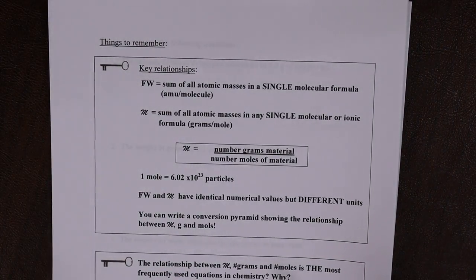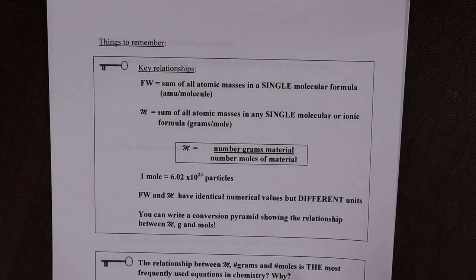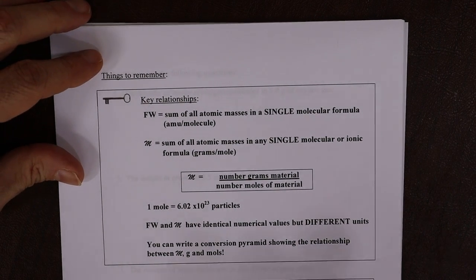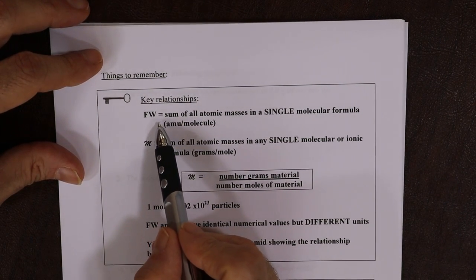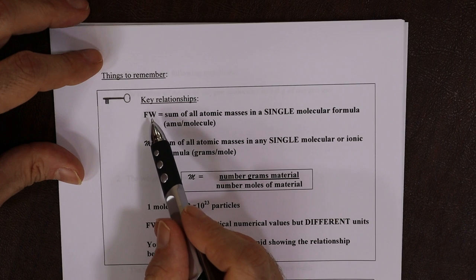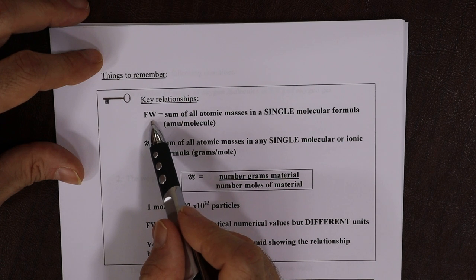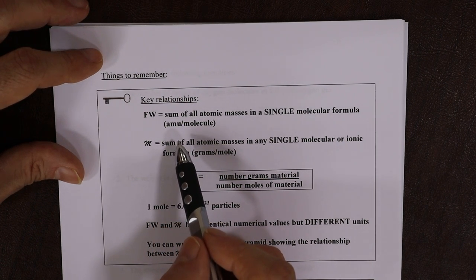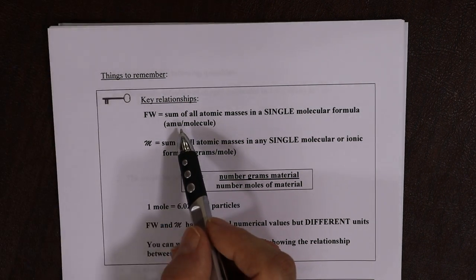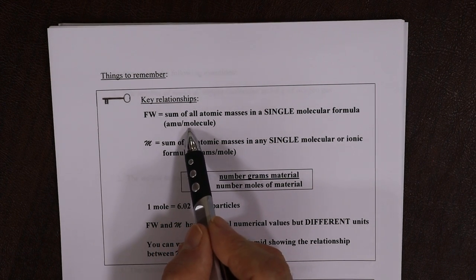Okay, now kind of a wrap up here in terms of concept. All right, so remember, formula weight, although it's the same number as molar mass or molecular weight, the uppercase M we use. For water it was 18, but it's 18 AMUs per one molecule.